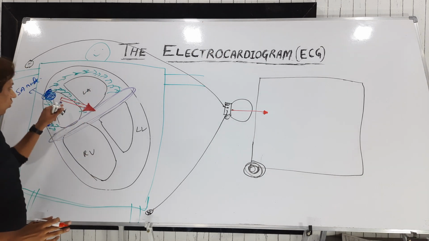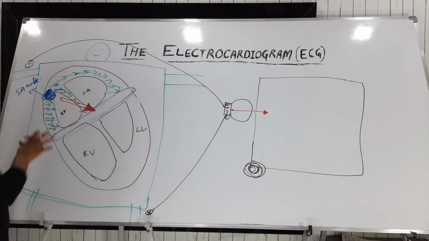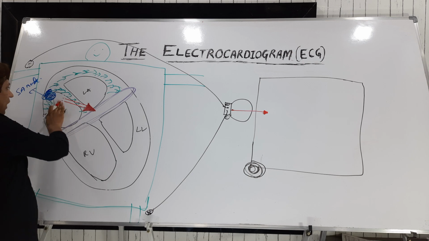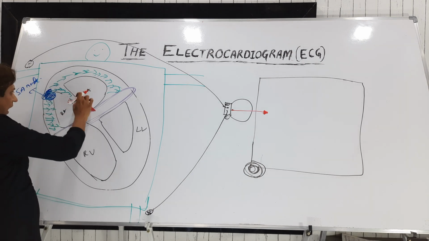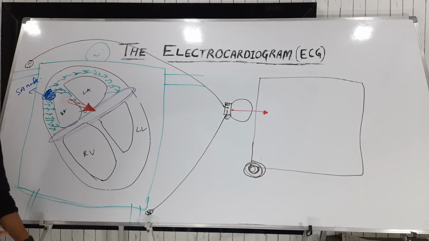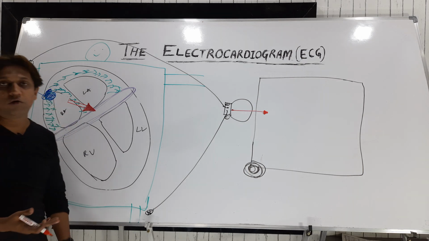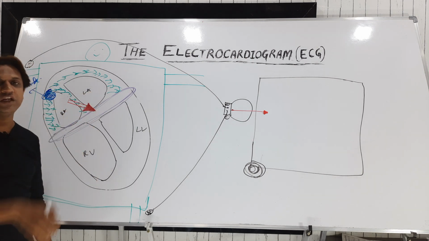The vector shows the direction of the electrical force, and the length of the arrow shows the magnitude of the force. If the electrical activity is very small, the arrow will be short. If the electrical activity is stronger, the arrow will be longer, and it will point toward the direction of the flow of the current.